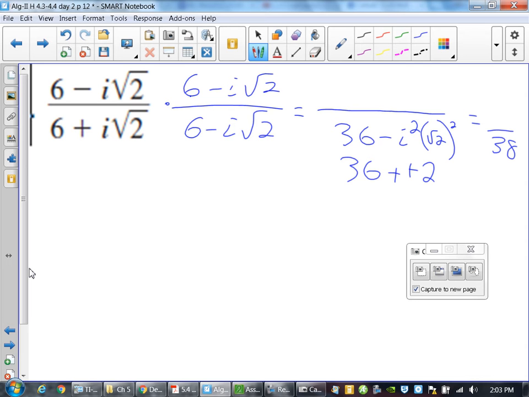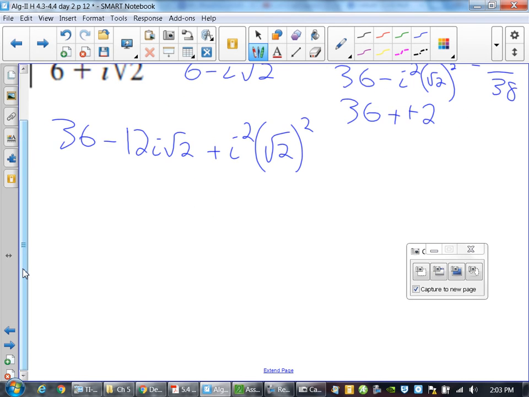So if I FOIL out the top, I'm going to get 36 minus 6i root 2 minus 6i root 2, so I get minus 12i root 2. And then again, I have a plus i squared root 2 squared, which in essence is negative 2. This is an example of what you were asking about how you can simplify.